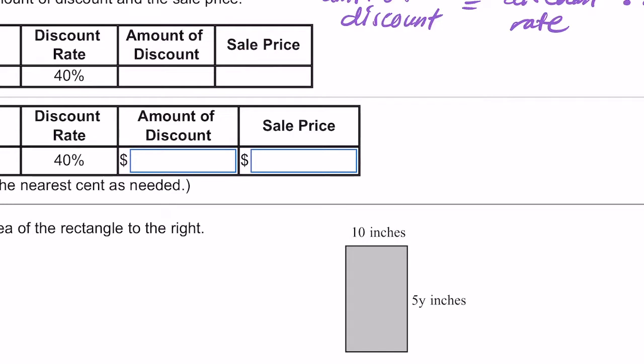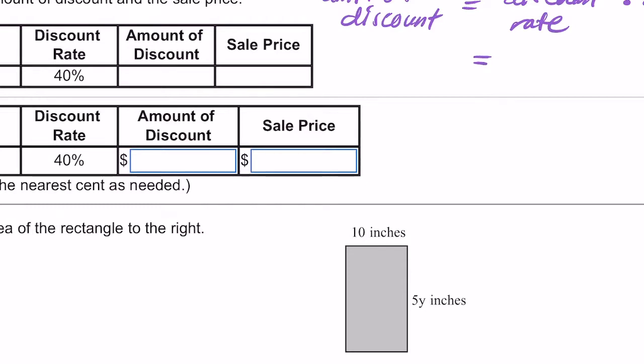Okay, so let's find how much of a discount. Say you're buying something for $439.50, but there's a sign that says 40% discount. So how much money can you take off of that? To find the amount of discount, we're just going to take our discount rate as a decimal.